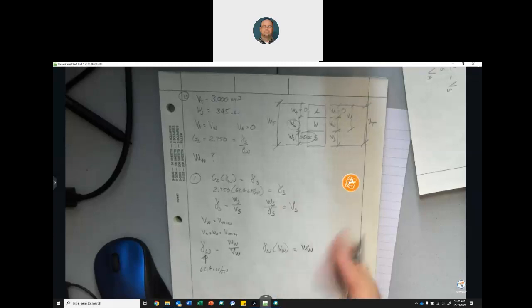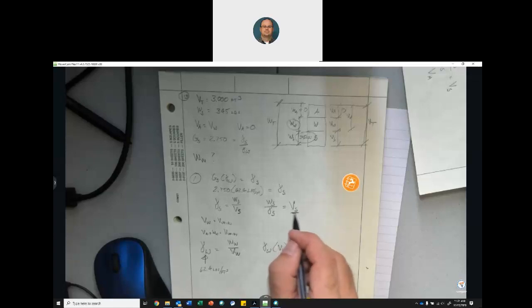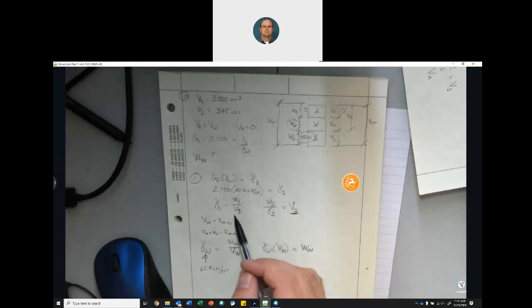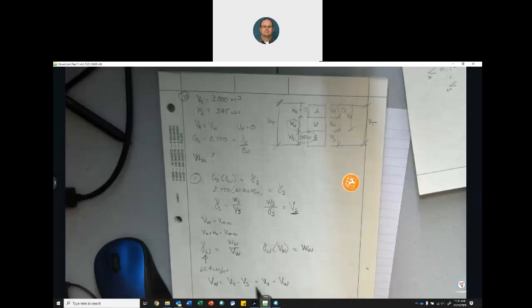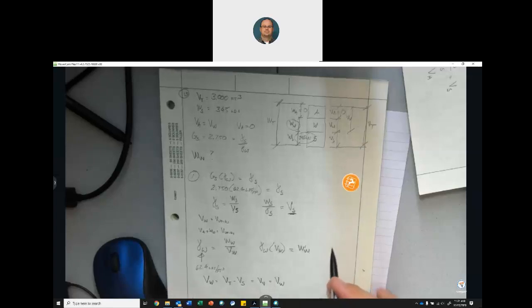Okay? All right. So now knowing volume of solids up right here, because I have my specific gravity, I find my volume of solids. I know volume of water equals total volume minus volume of solids. And that'll equal volume of voids, which equals volume of water because the voids are filled with water.